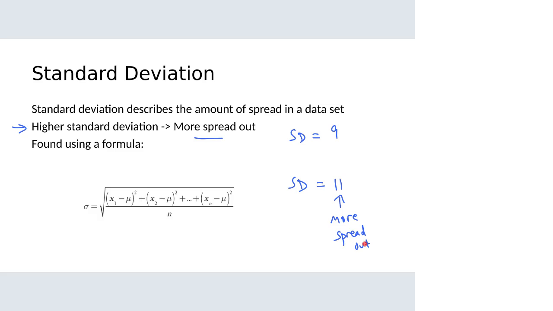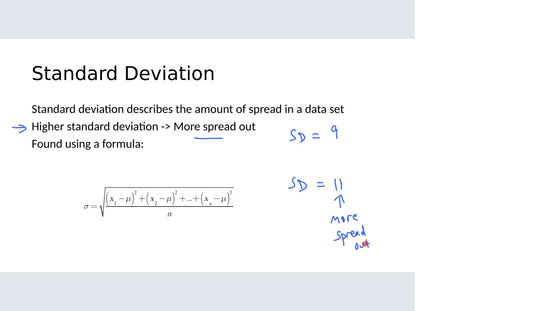How this might be valuable at this point is just, let's say if I had 2 different sections of Math 120E and I was looking at their exam scores and I took a look at the standard deviation for each class, and one class had a relatively small standard deviation, and the other one had a relatively high standard deviation. What that would tell me is one of the class's scores were more consistent.